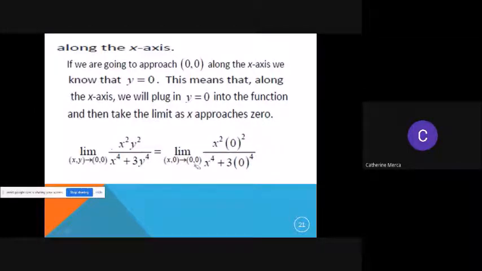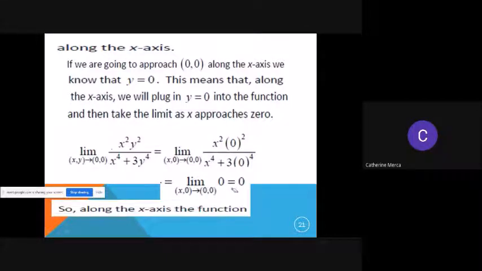So x squared, your y is replaced by 0, and you have x to the fourth, and then 3 times y to the fourth, so 3 times 0. So the limit, therefore, is equal to 0, because you have x squared over x to the fourth now.